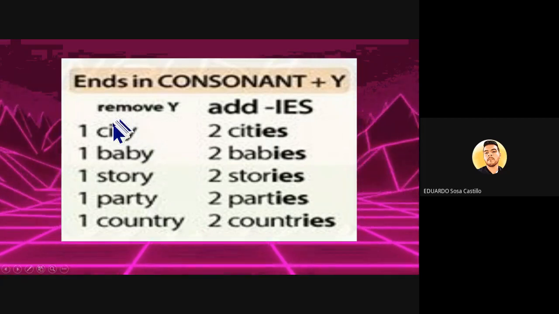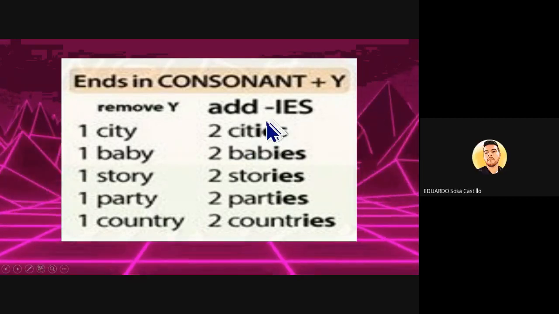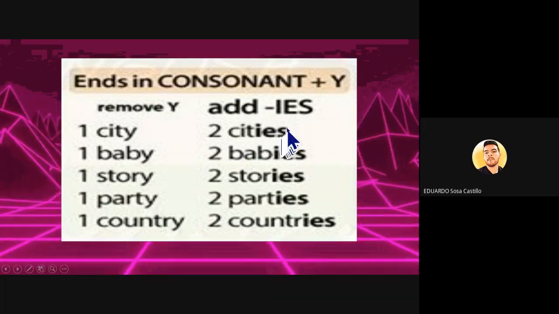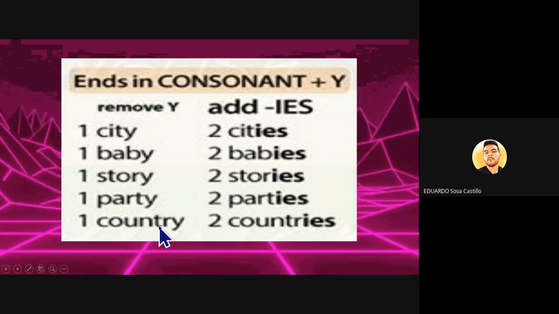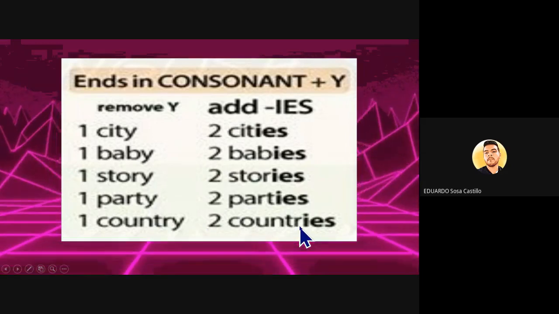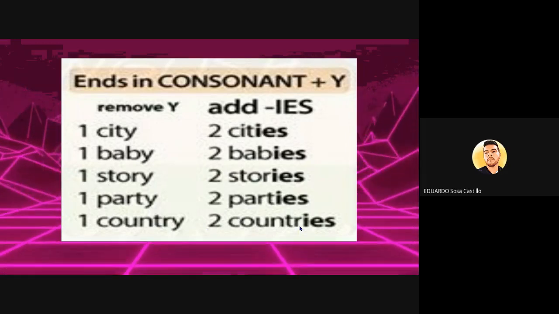This letter Y goodbye to this letter and is replaced by letter I, everyone. And the ending is ES. For example, city changes to cities because it has a consonant before. Baby to babies, story to stories, party to parties, country and countries. All right? So why don't we go to the next exercise?